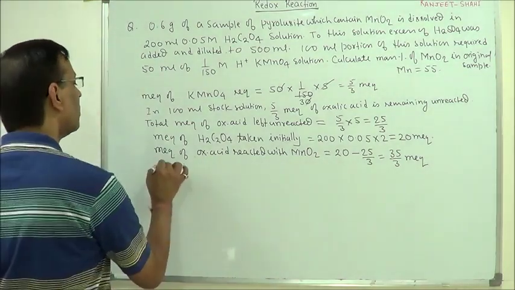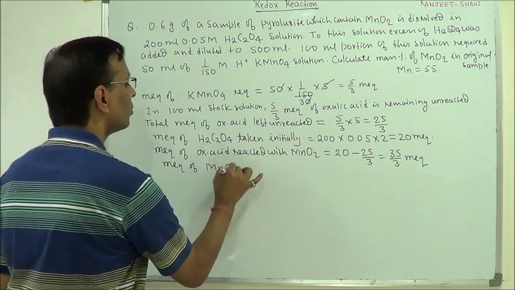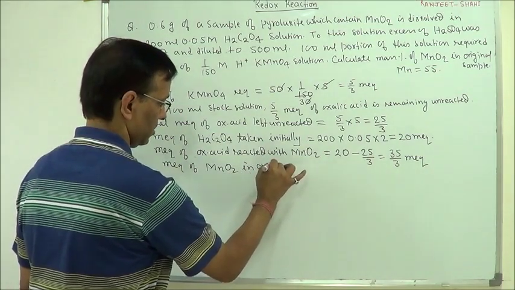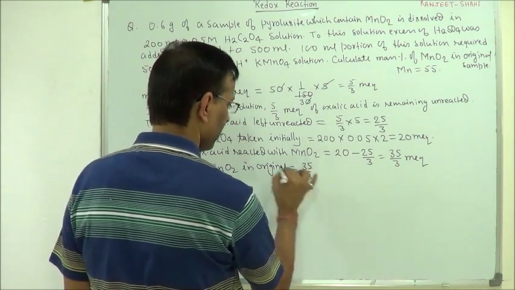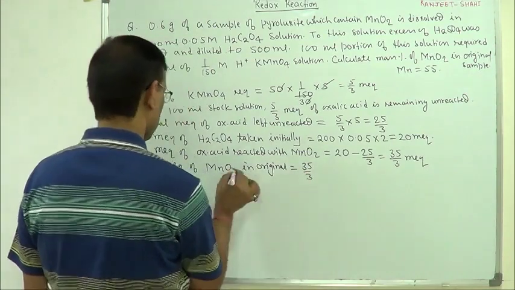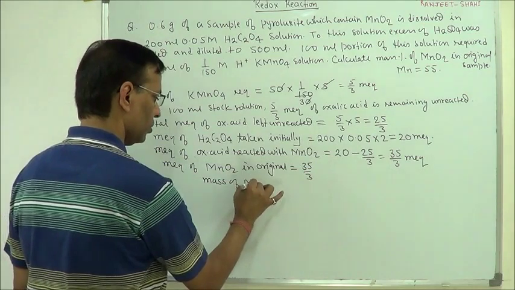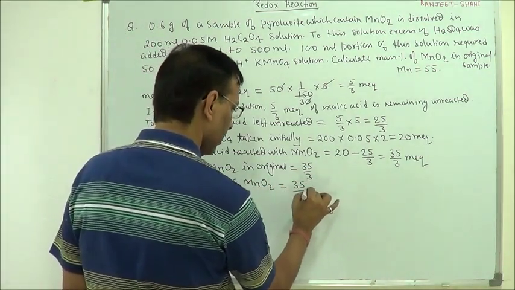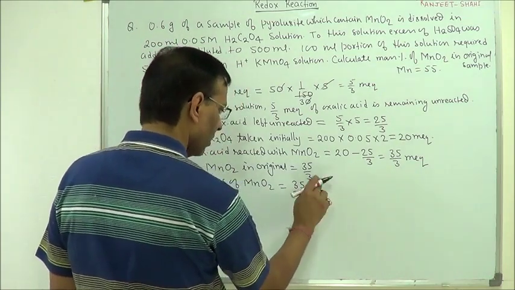So milliequivalent of MnO2 in original is equal to 35 by 3. So mass of MnO2 is equal to 35 by 3 into 1 by 2 for mole.